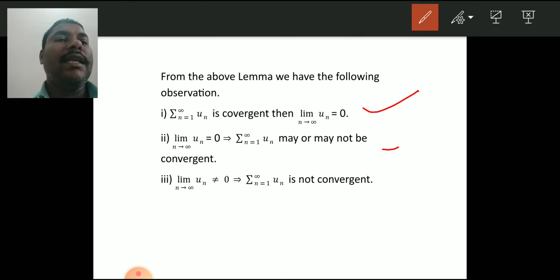The second result: limit of un as n tends to infinity equal to 0 implies summation n equals 1 to infinity un may or may not be convergent. And the third one: if limit of un as n tends to infinity is not equal to 0, then summation n equals 1 to infinity un is not convergent.